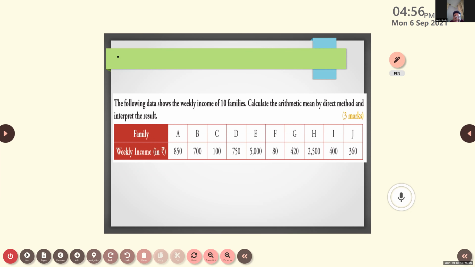Yeah. So we have to take all the values of A, B, C, D, E, F, G, H, I, and J, and then divide by the number of observations. You have to add it and divide by the number of observations. Okay, fine. Find out.